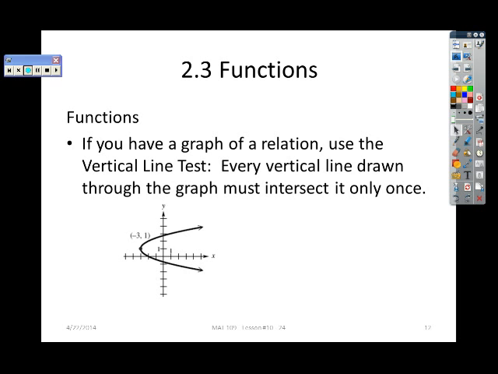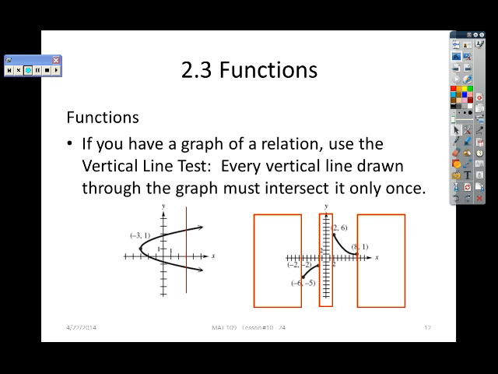We looked at something like this, and that we said was not a function. But what about that? Would that be a function or not a function? It says draw a vertical line anywhere the function exists. Well, it doesn't exist here, here, or here, so don't draw it there.